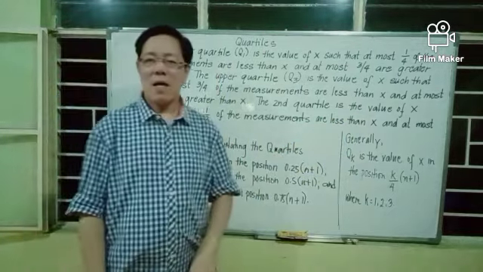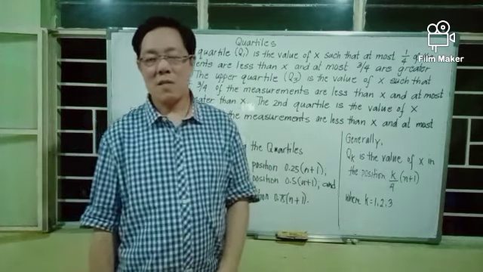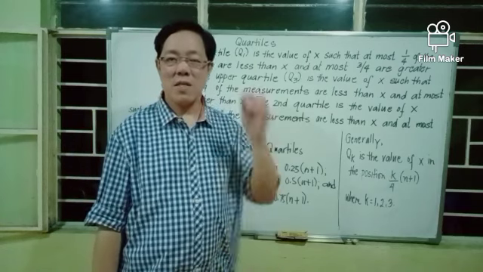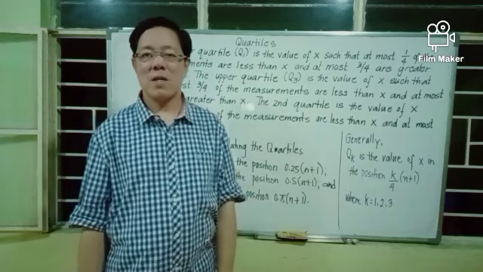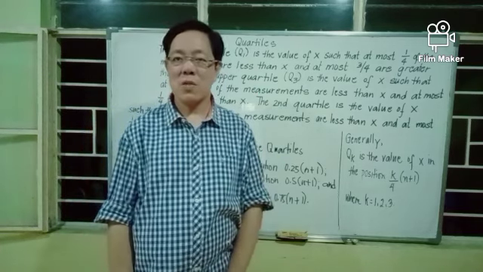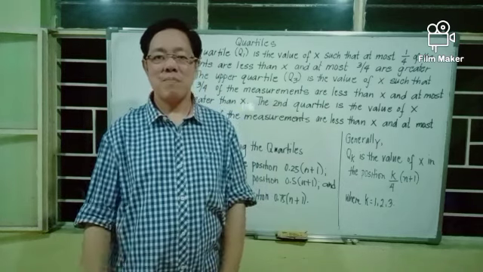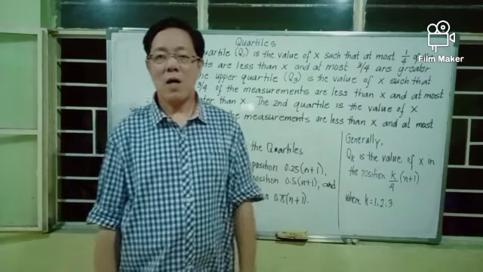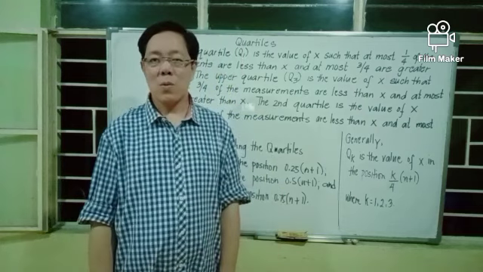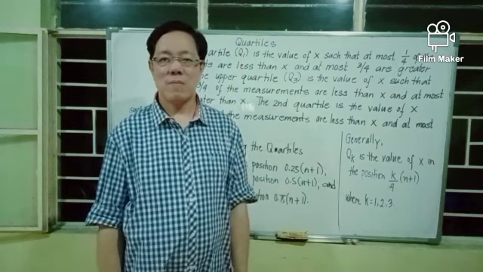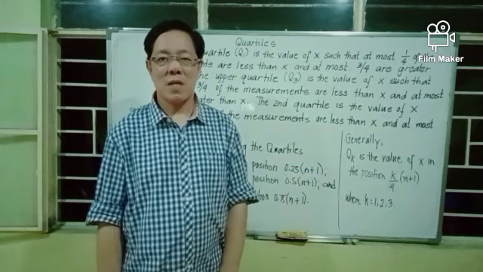As I have illustrated earlier in a diagram, 25% of the set of values or measurements are below or less than the first quartile or the lower quartile, denoted by Q sub 1. And 75% of the measurements are above or greater than the first quartile. 1/4 here, if you convert to percentage, is 25%.